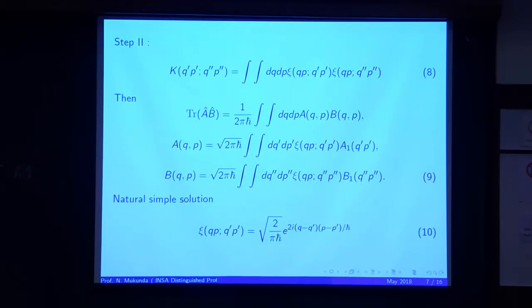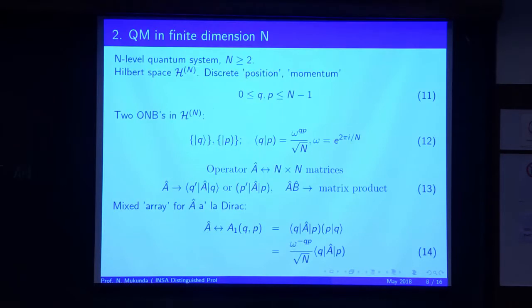So the question we asked ourselves is the following. Can we approach the problem of Wigner distributions for finite state quantum systems in a similar way? There is some very good early work by Wouters, but I don't have time to go into it. I just mention it.